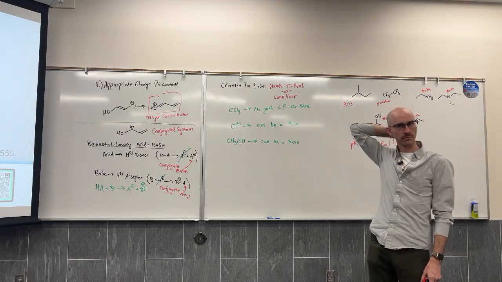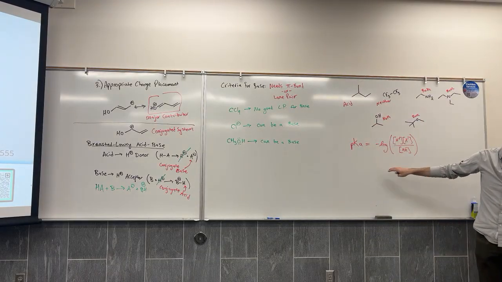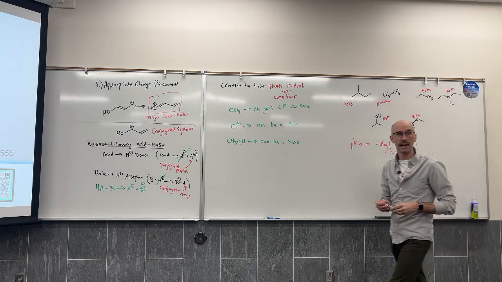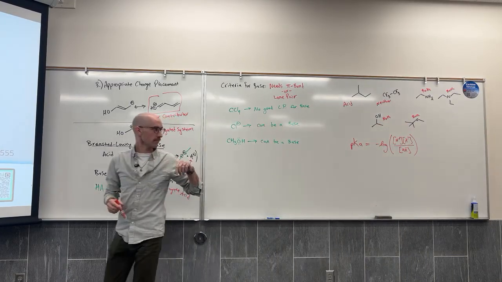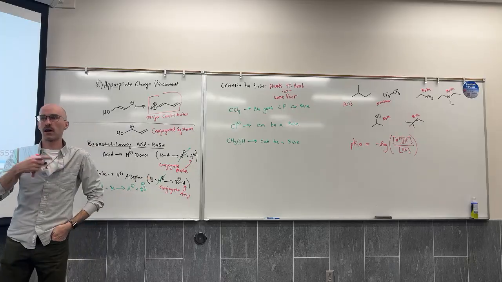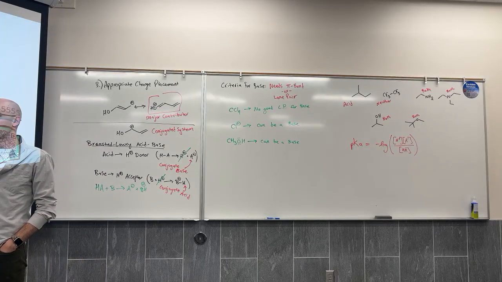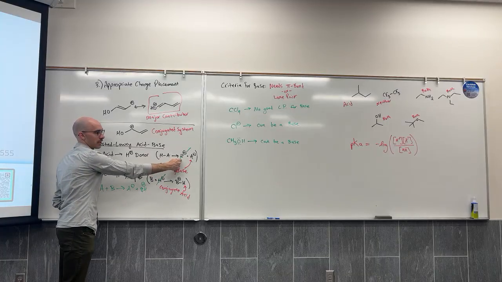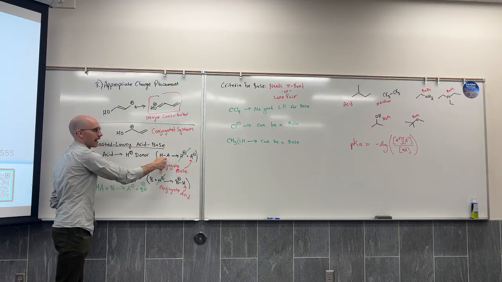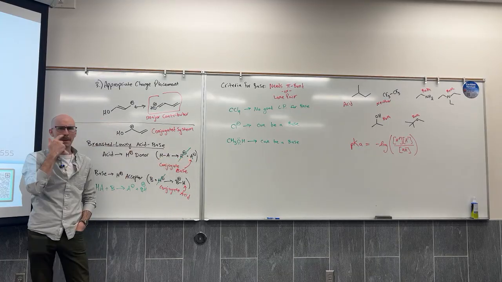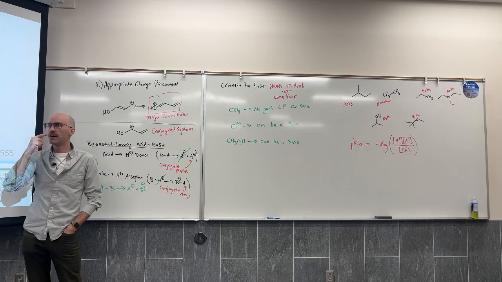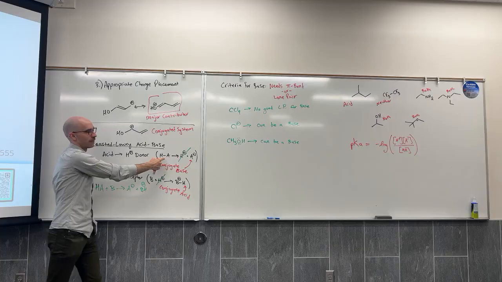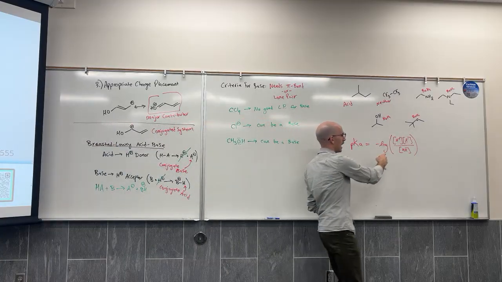Now, pKa is a way that we often talk about Bronsted-Lowry acids and bases. pKa is opposite the log of the acid dissociation constant, which is the concentration of H plus times the concentration of A minus divided by the concentration of HA.